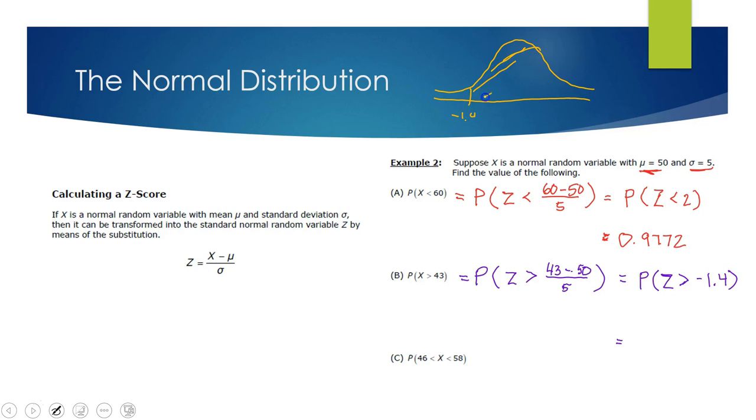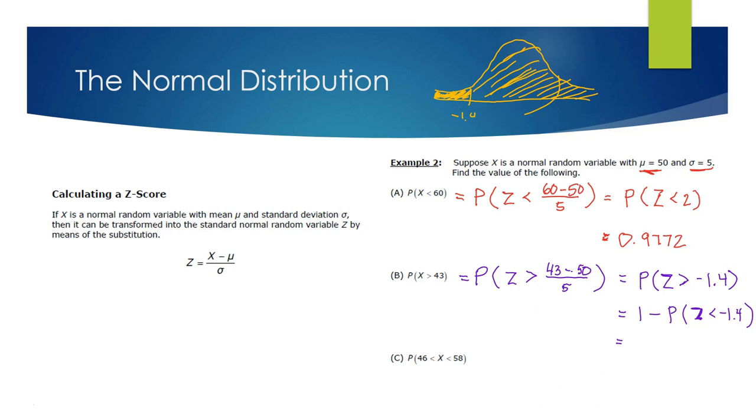I'm looking for this area on this side. One way of handling this is to say, okay, if I just find this probability in here, and do 1 minus that, that should give me the area that's over on that side. So that's the first way I showed it. So I do 1 minus the probability that z is less than negative 1.4.